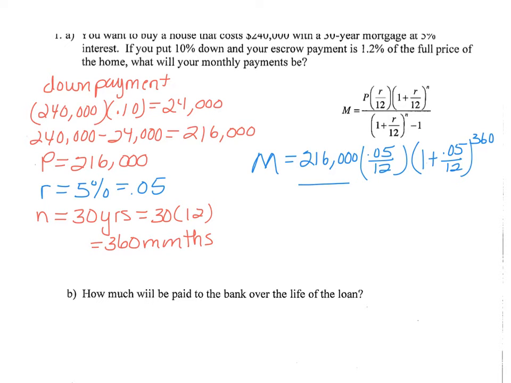The whole thing divided by 1 plus 0.05 divided by 12 raised to the 360 power minus 1.